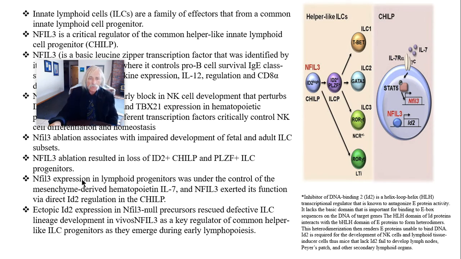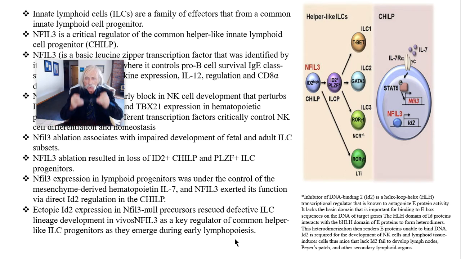So, final thing I want to say here, ectopic ID2, when you add back by expression using a plasmid, in Infil-3 null precursors rescued the defective innate lymphoid cell lineage development in vivo. So Infil-3 as an Infil regulator is a key regulator of common helper-like ILC progenitors as they emerge during the early lymphopoiesis, which is what's going on there at the beginning of that pathway you're looking at.